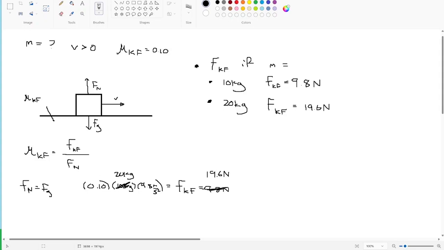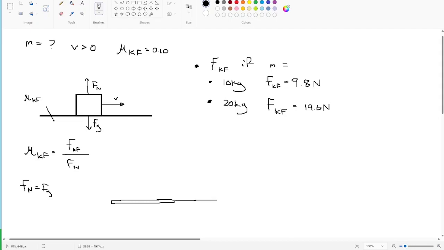So as you can see, the greater the mass in this case, the greater the normal force, the greater the force of kinetic friction. And this makes quite a bit of sense. Let's say you have some kind of sled, and you pull on this with some kind of force.